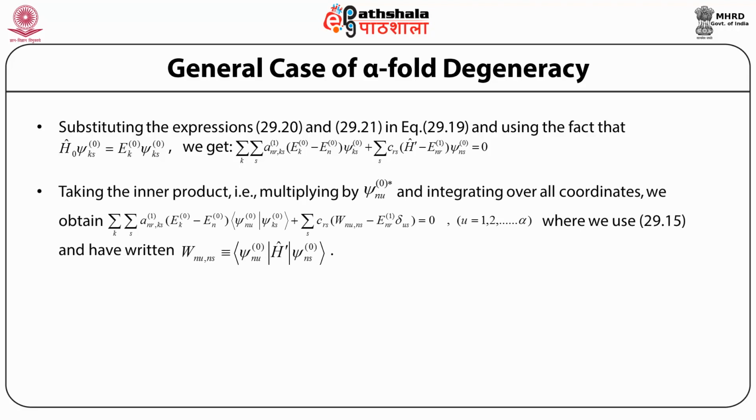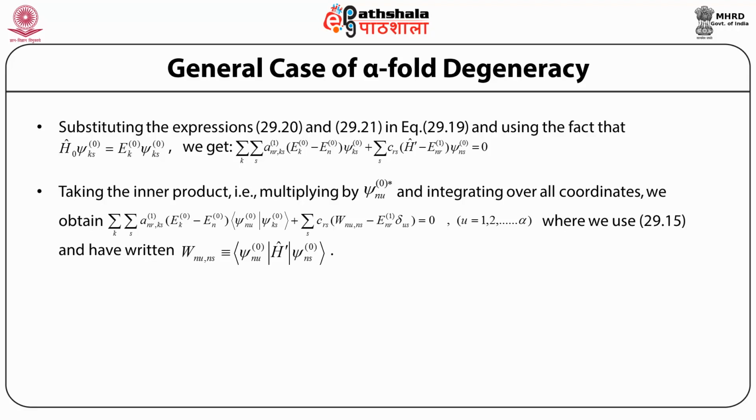Taking the inner product, that is multiplying by psi nu0 star and integrating over all coordinates, we obtain sum over K, sum over S, A nr ks 1 into EK0 minus EN0 into scalar product of psi nu0 with psi ks0 plus sum over S CRS W nu ns minus ENR1 delta us, which is equal to 0.